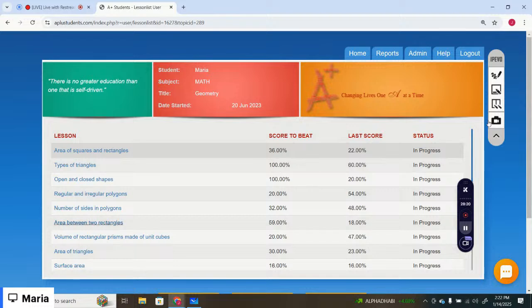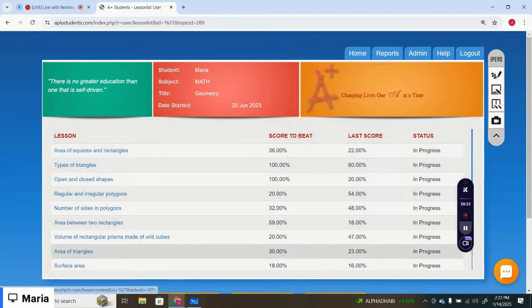The next lesson is area of triangle. Let's just start with the next lesson.